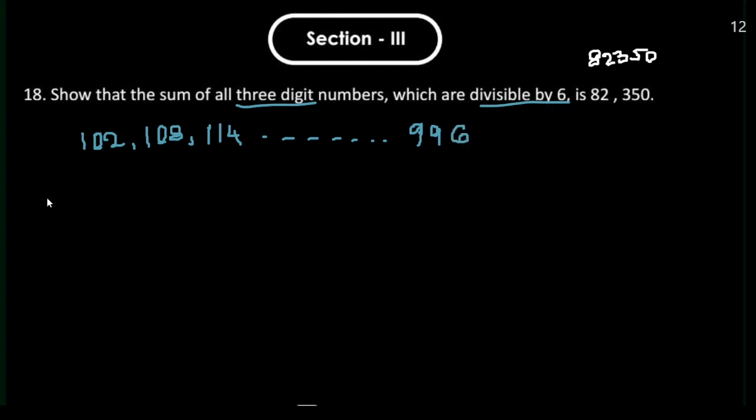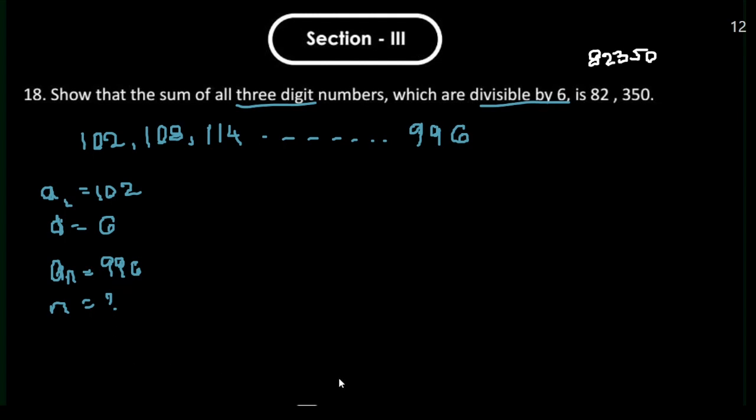We need to find the sum of n numbers. Here a1 is 102 and d is 6, the common difference, and a_n is 996. But we don't know n here, and to find the sum of n numbers we need to know n.